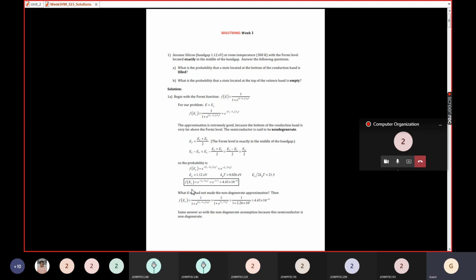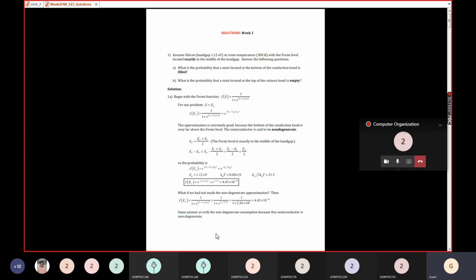Already I have told you, you can substitute directly as 0.55 instead of EC minus EF. So 1 divided by 1 plus e power 0.55 divided by 0.026, automatically you will be getting the value as 4.43 into 10 power minus 10.